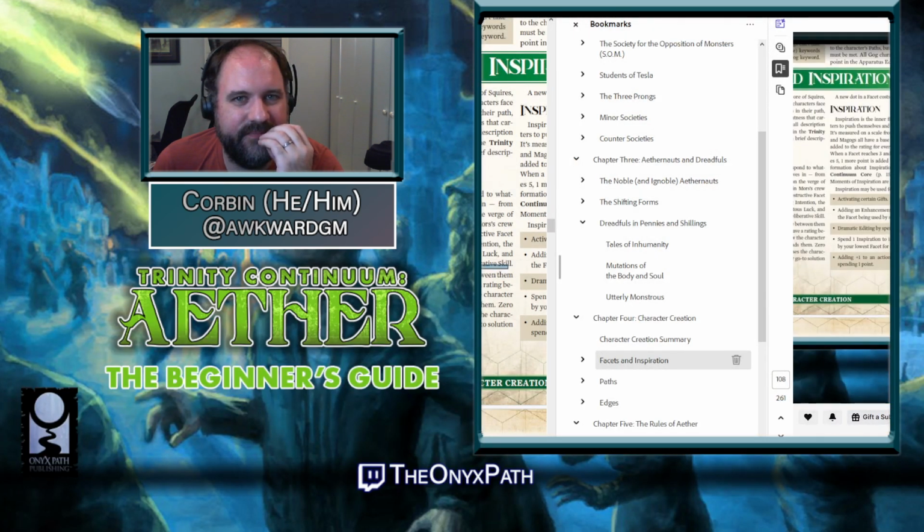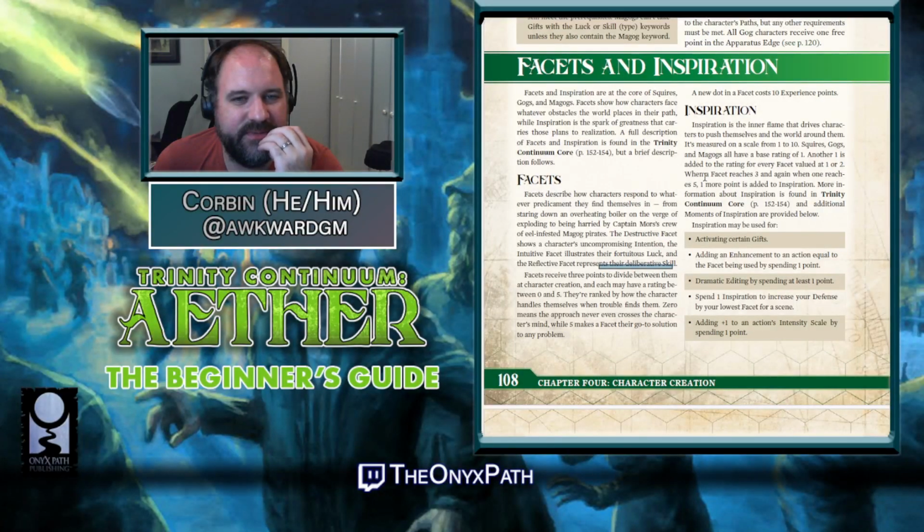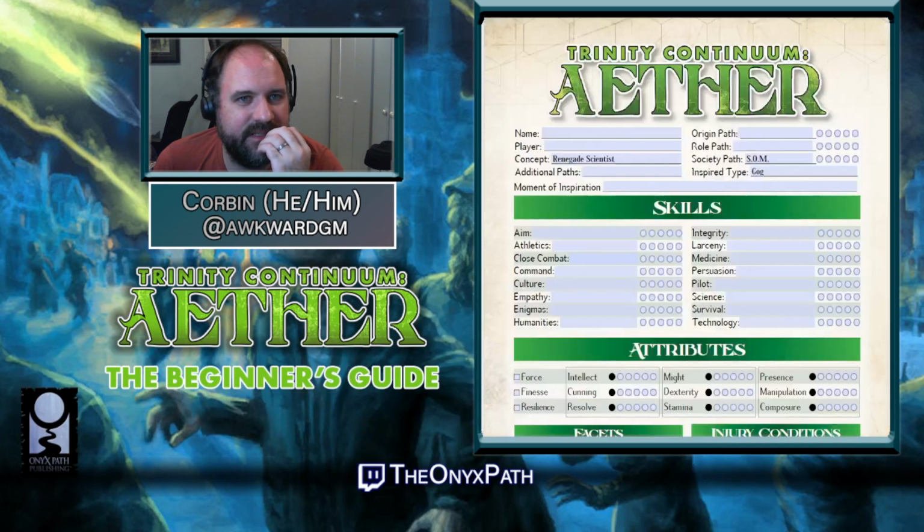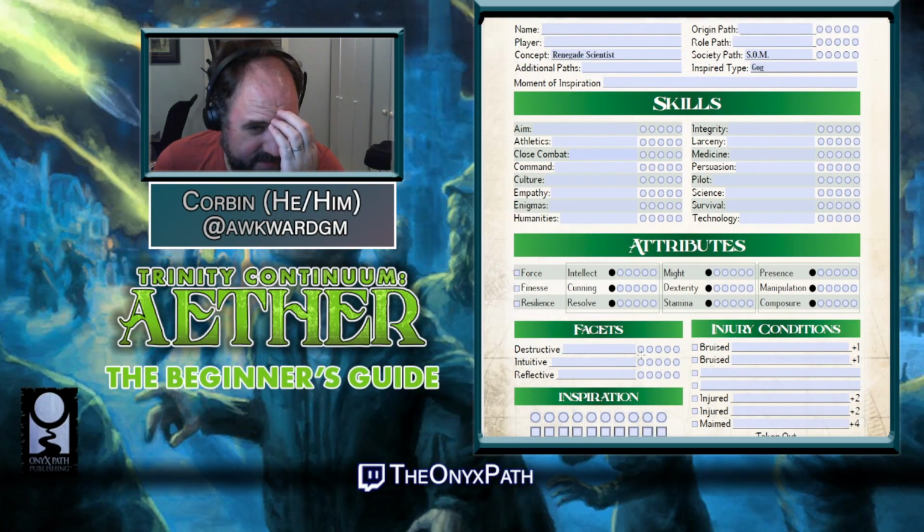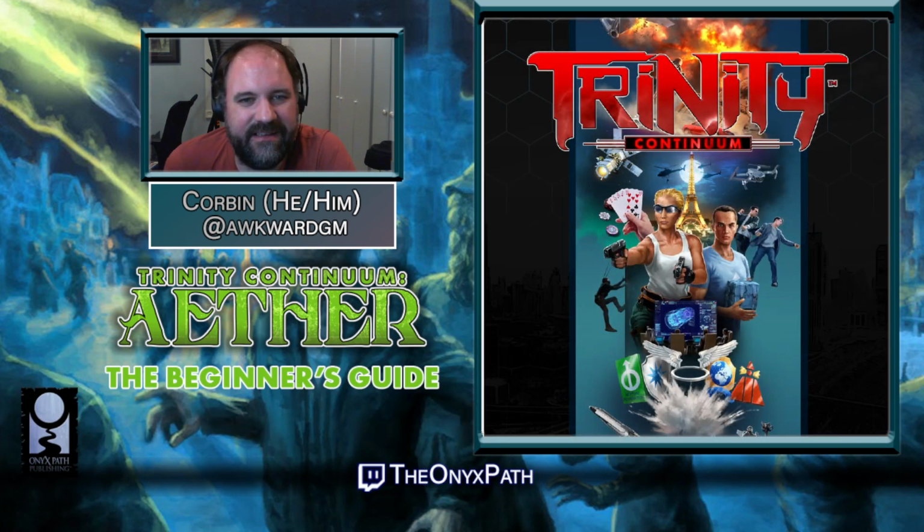That's what happens when you accidentally minimize. So for the 3 points of character creation, let's put something in the character sheet. Let's just put all 3 as 1. And if I remember correctly, that gives me something like 2 inspiration, maybe?